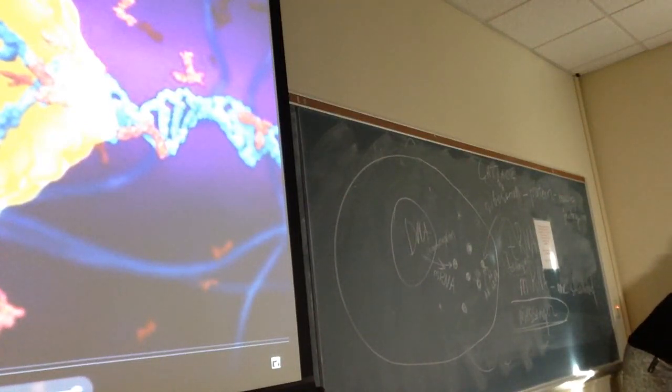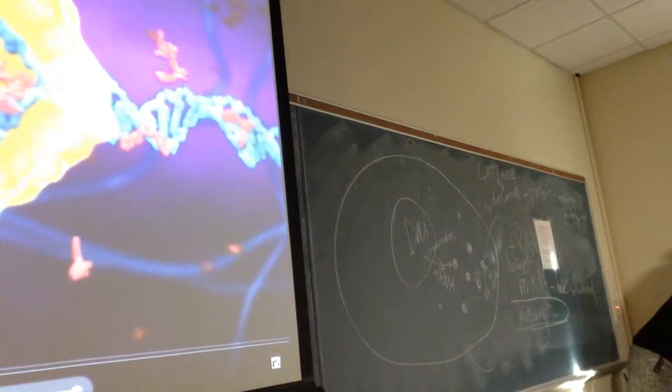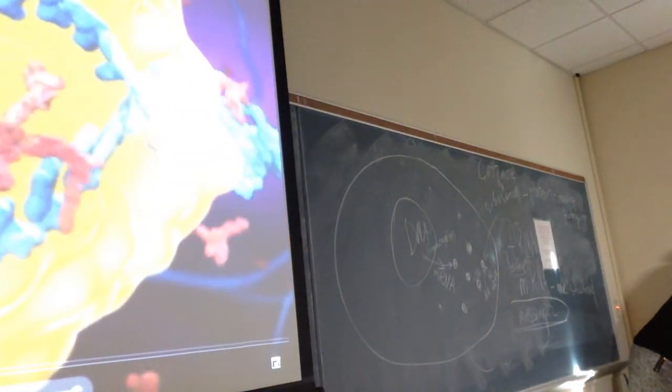The red thing is mRNA being built from the floating RNA nucleotides, according to complementary DNA strands. RNA nucleotides line up with their complementary DNA partners, transcribing the information in DNA into RNA. Okay, see how it's being done?